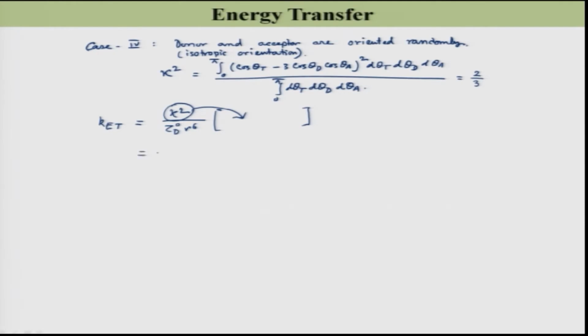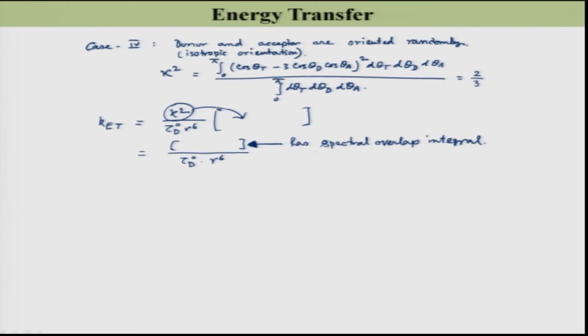So, I will write this as a constant divided by tau d 0 r to the power 6. But remember that this constant has the spectral overlap integral within it.